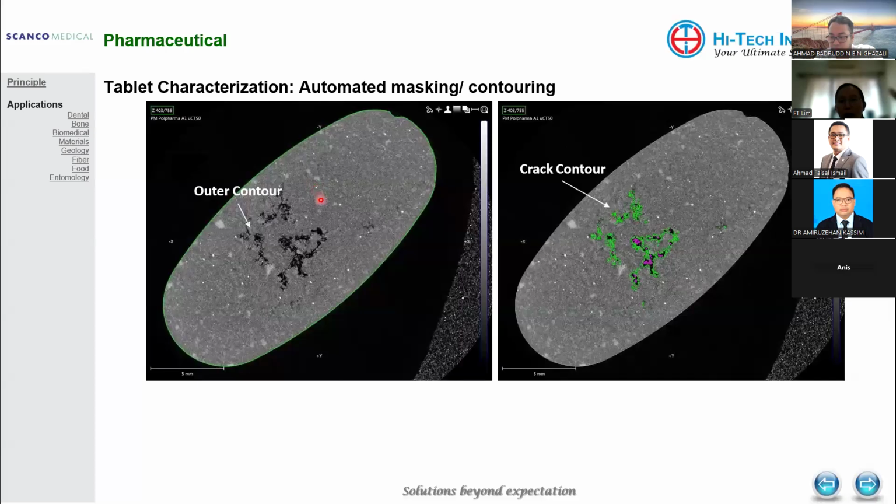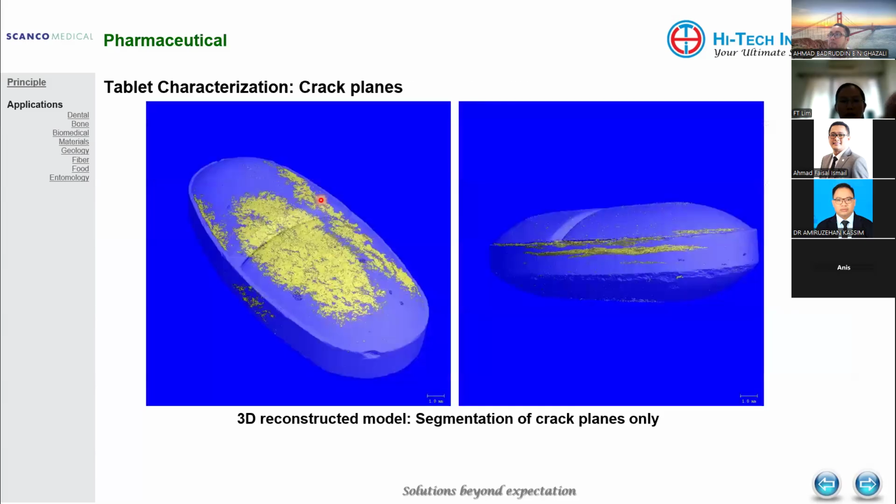All this might indicate different materials in the tablet itself. So these are the things that we can capture with the software and do further analysis. For this one, basically it's focusing on the crack. Where are the regions with pores or cracks? You can see in the middle, this is where the cracks are located.